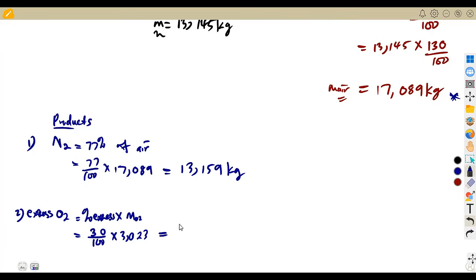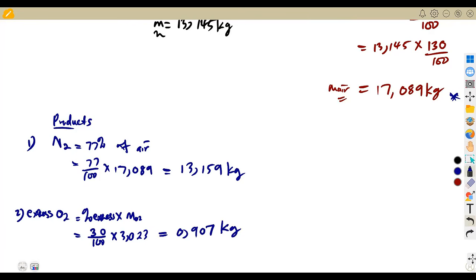So that gives us 0.9069, which is 0.907 to 3 decimal places. I'm going to round off all my values to 3 decimal places.